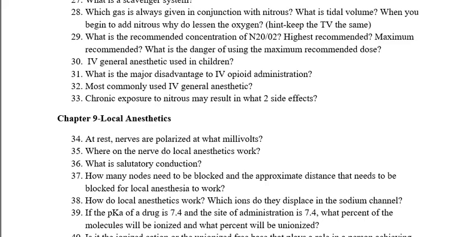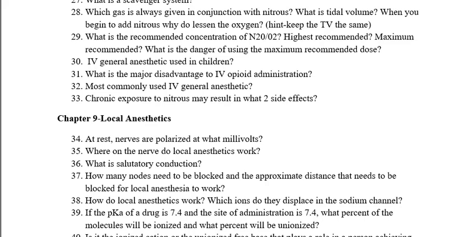Saltatory conduction is messages hopping from node to node, unmyelinated section to unmyelinated section. It speeds up how messages are delivered to the brain and exit the brain. So if you know someone that has multiple sclerosis, these nodes have become sclerosed, hardened.